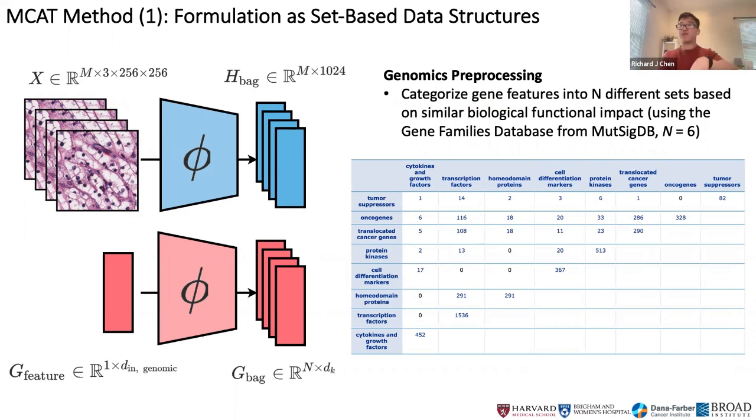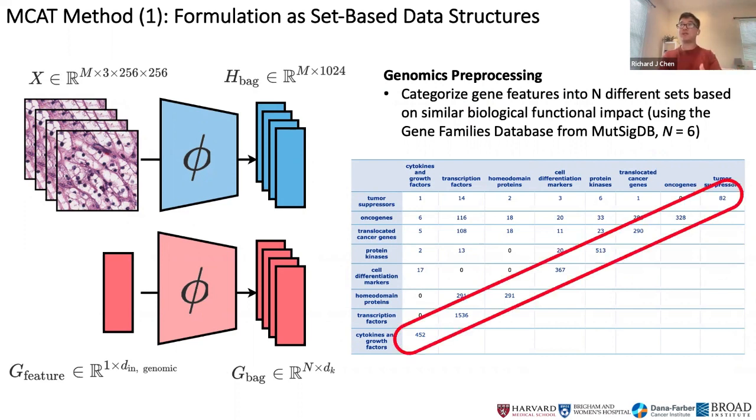Using gene families, there are approximately 6 that we found. There are 8 gene sets, but 2 of them I think are redundant with one another. So we took these gene features, organized them into gene sets, and treated these gene sets almost as embeddings.